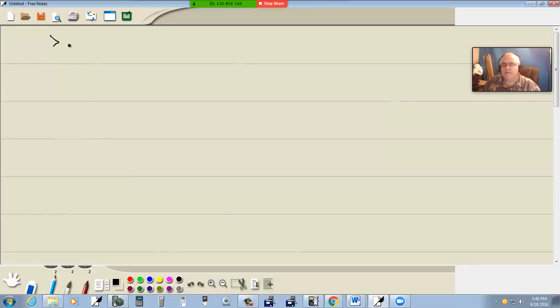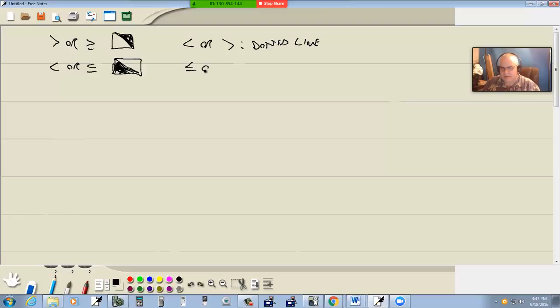If you got a greater than or equal to, you'll have an upper right hand triangle. If you have a less than or equal to, you'll have a lower left hand triangle. If you got a less than or you got a greater than, you'll have a dotted line. If you got less than or equal to or greater than or equal to, you'll have a solid line.